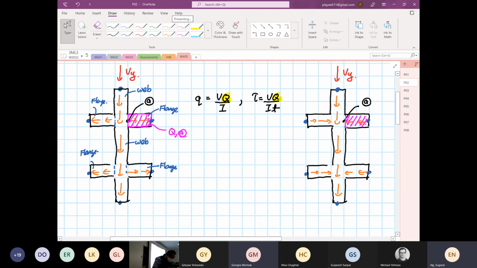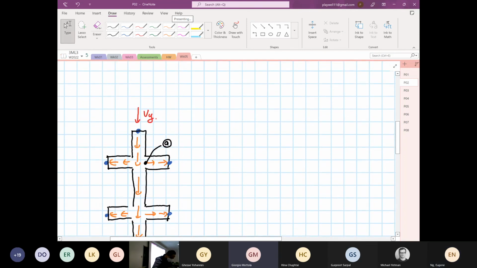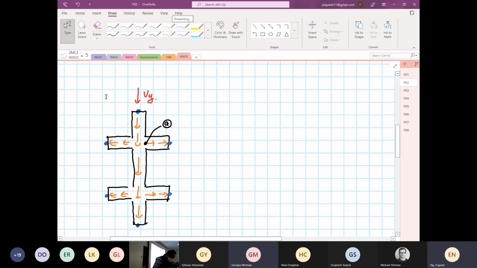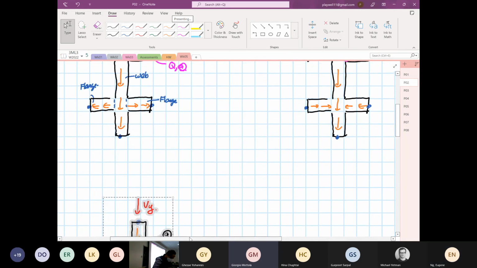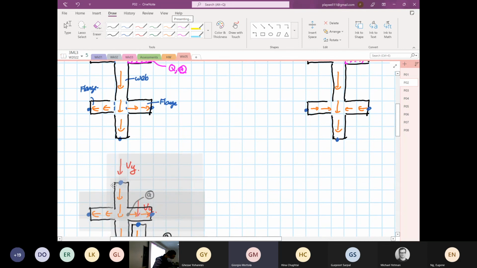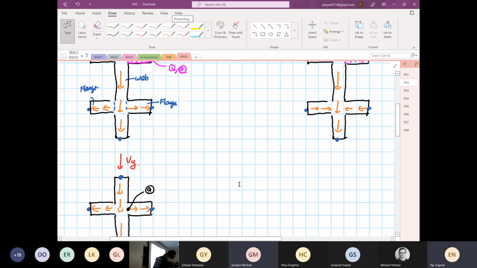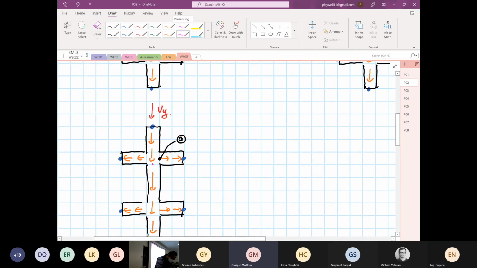Now, what if we want to find the shear flow at point C? To find the shear flow at point C, this is the area that you take. So I will section it this way.